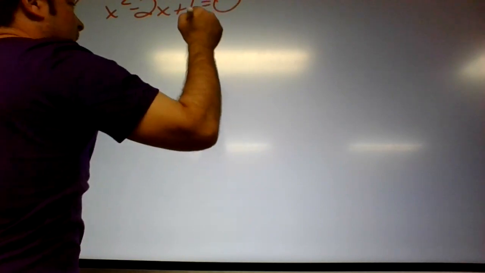Okay, 17, x squared minus 2x plus 1. Actually, because the directions on this part don't say you have to use quadratic formula, if you want to solve by factoring, I'm okay with that. But some of these do not factor at all, so it might not work. So let's use quadratic formula.